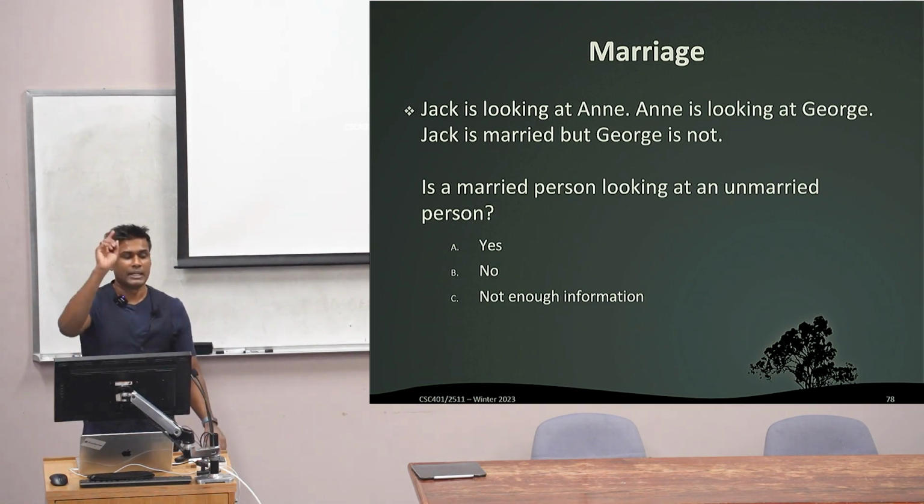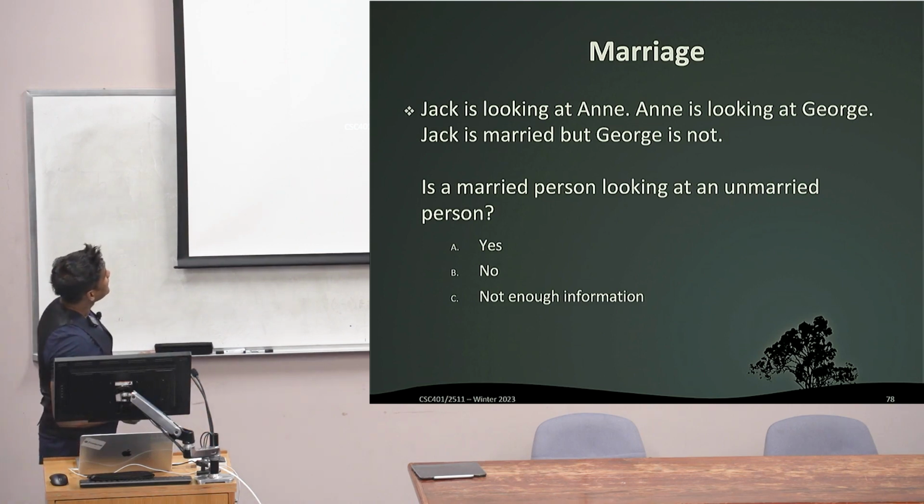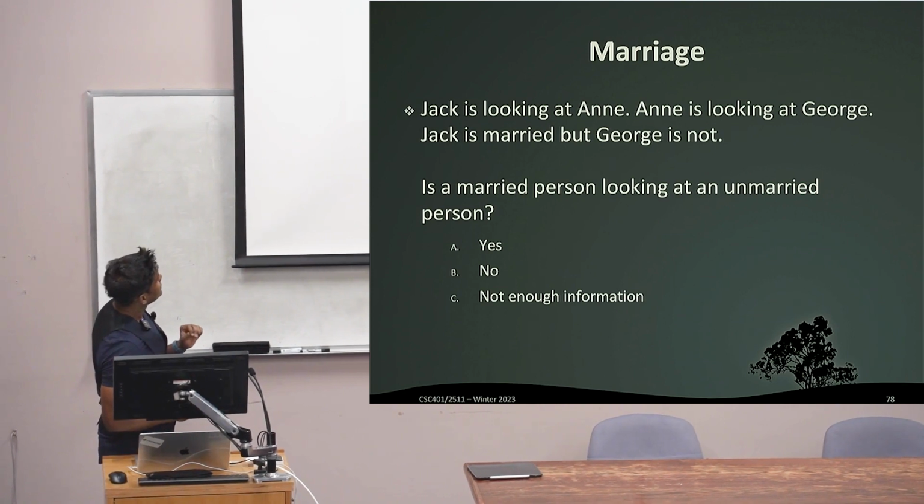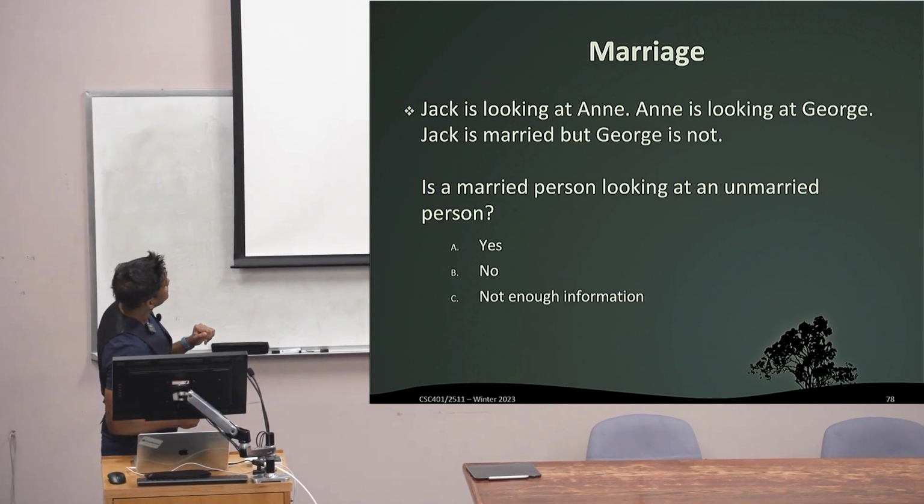Okay, so yeah, so the right answer is, so basically Anne is the central figure here, and Jack is looking at Anne. So the only information we know is that Jack is married, but George is unmarried. Okay, so if we hold those two variables, and then Jack is looking at Anne, and Anne is looking at George.